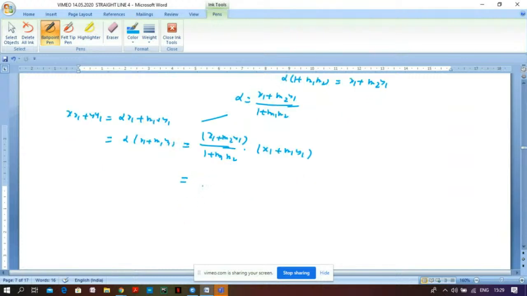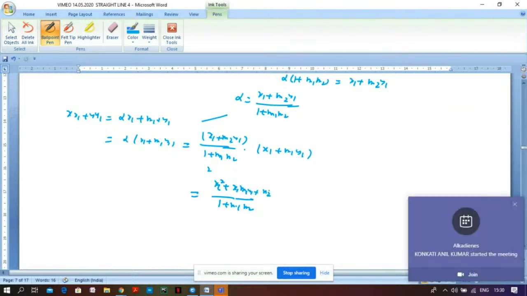Now I can just multiply. The 1 plus m1 m2 we leave. We get x1 squared plus x1 m1 y1 plus m2 y1 x1 and plus m2 m1 y1 squared.